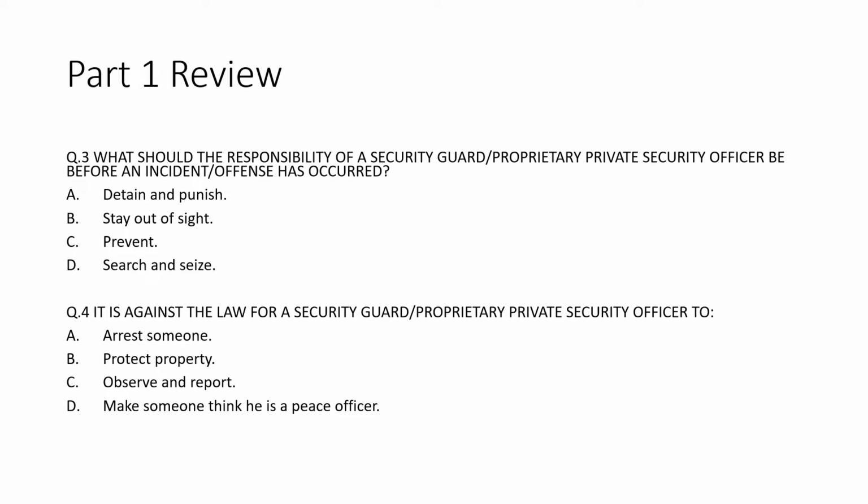Detain and punish, stay out of sight, prevent, search and seize. Question 4. It is against the law for a security guard, proprietary security officer to arrest somebody, protect property, observe and report, make someone think he is a peace officer.